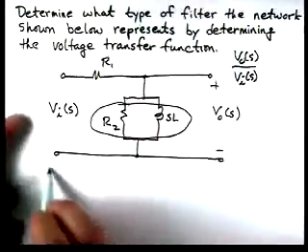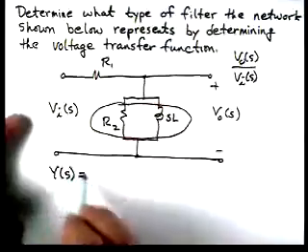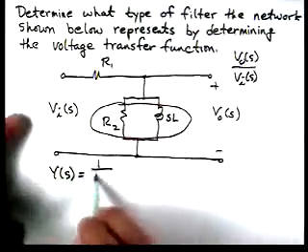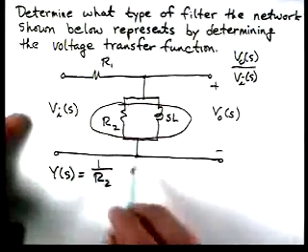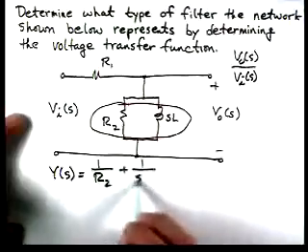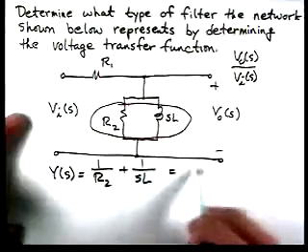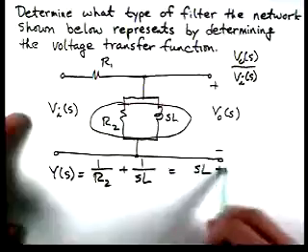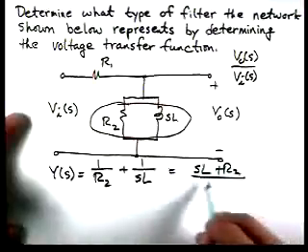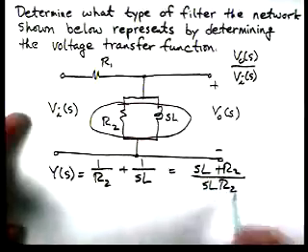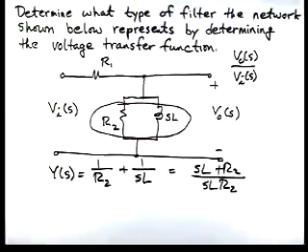We can combine those as admittances by adding admittances. So we have 1 over R2 plus 1 over SL, and that can be rewritten as SL plus R2 over SL R2.